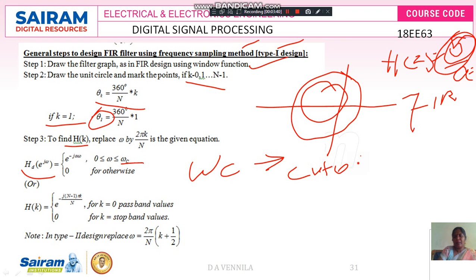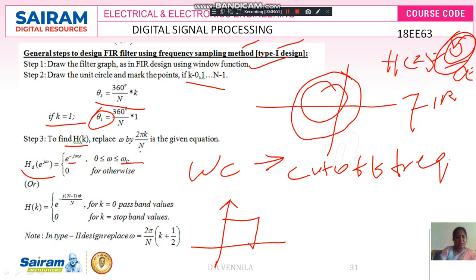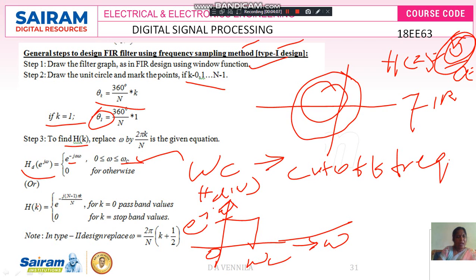This is the graphical representation of the desired frequency response Hd of omega equal to e power minus j omega, which exists from 0 to omega c, and this is your omega frequency axis. Or we can write it as H of k equal to e power minus j (N minus 1) pi k divided by N.